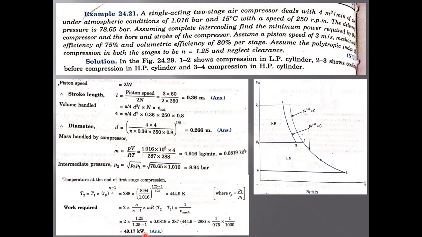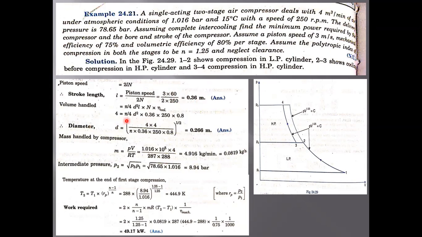Watt means joule per second. So that is why we convert to seconds: 3 by 2 into 250 by 60, where 250 by 60 becomes the numerator, so 3 into 60 by 2 into 250. If we calculate that, we get the stroke length of the compressor, which he has asked for. So we have found it.